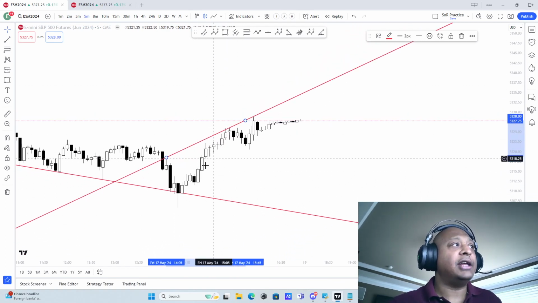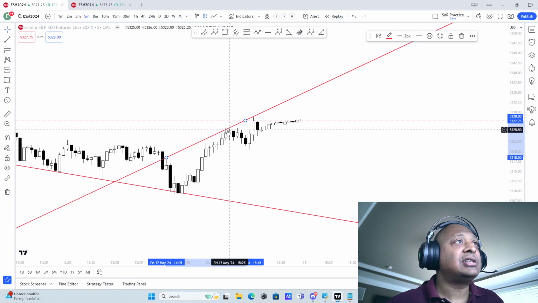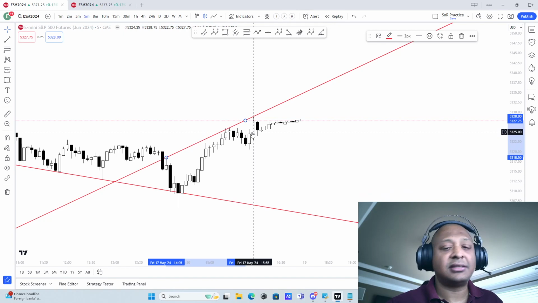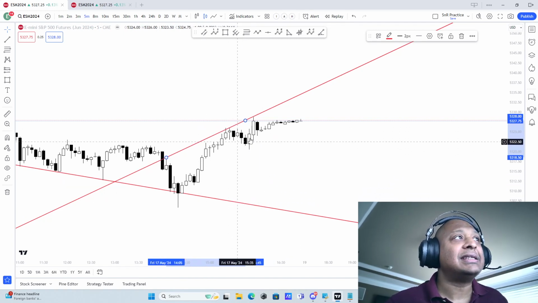When you have a wedge, now see, after this touch, how many candles were there? 1, 2, 3, 4, 5, 6, 7, 8, 9, 10, 11, 12, 13, 14, 15, 16 candles were here, right? After this touch, how many candles were here? 1, 2, 3, 4, 5, 6, right? So here is 16, here is only 6.